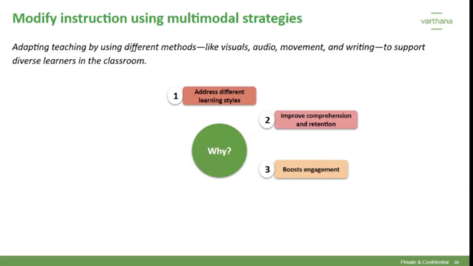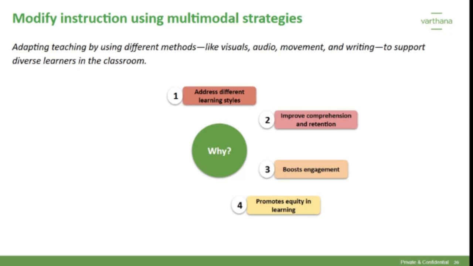Next is boost the student engagement in the classroom. To engage all kinds of learners and avoid any chaos or distraction in the classroom, we have to have multimodal teaching. Also, we have to promote equality or equity in learning, so that all kinds of learners can understand the concept equally.